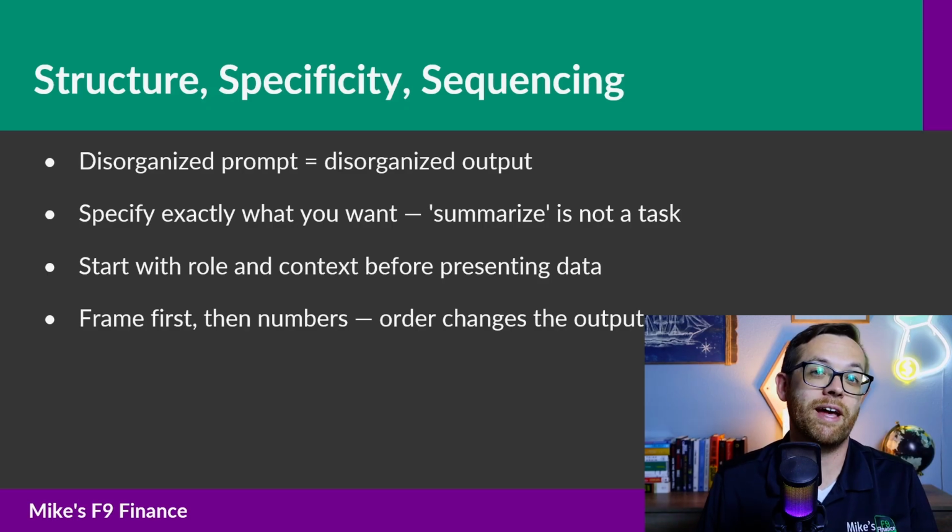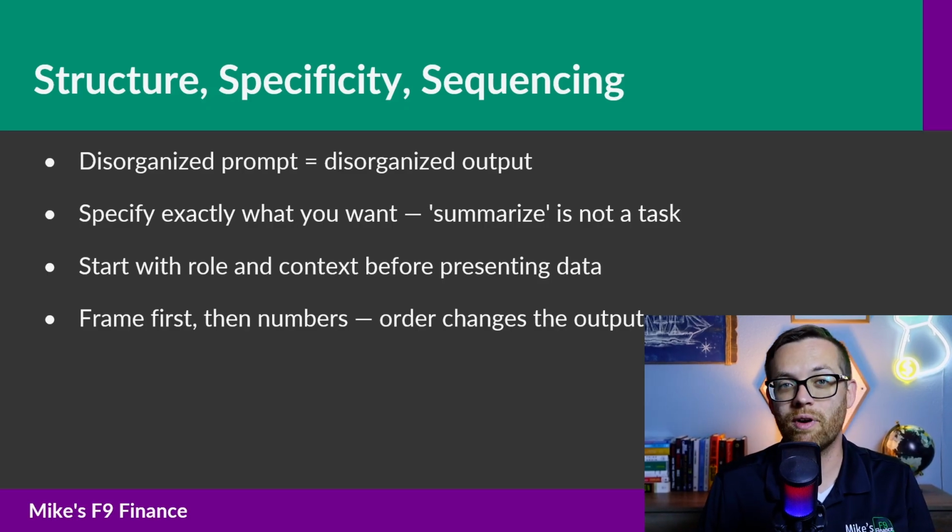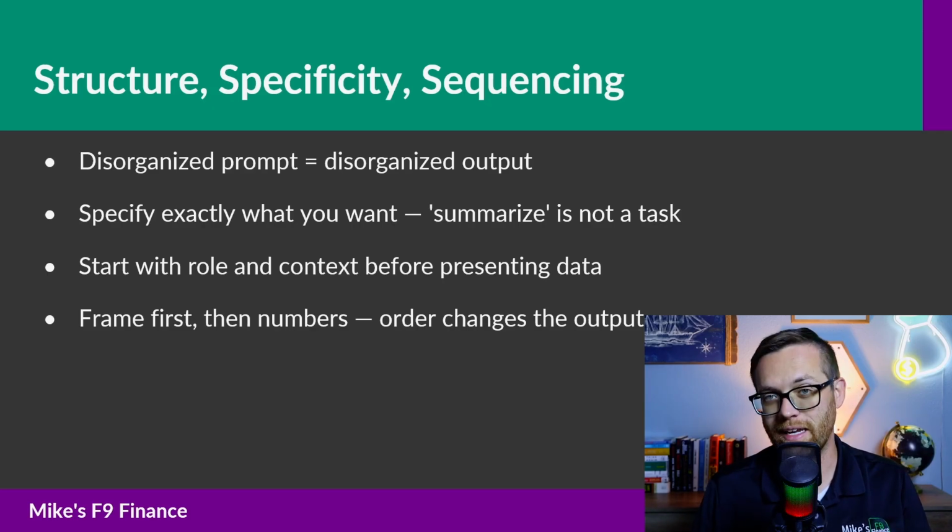Why does sequencing matter? What comes first in a prompt shapes how Claude reads everything that follows. Starting with role and context before presenting data is not just good practice. It changes the output entirely. If you start cold with data, just paste in a spreadsheet and ask a question, Claude is reading that data without any framing. It doesn't know what the columns mean.